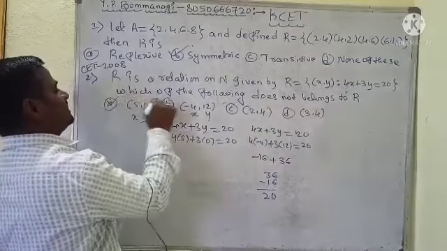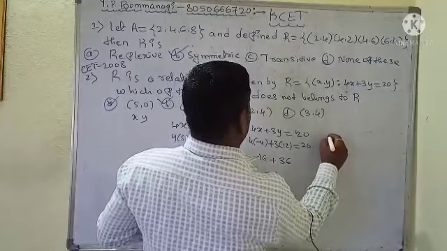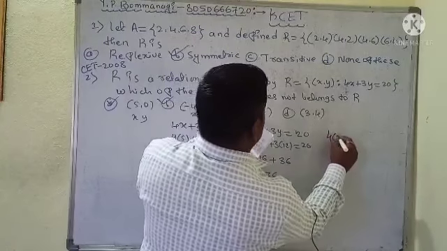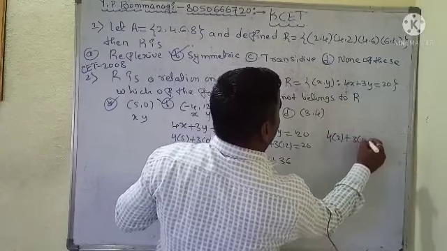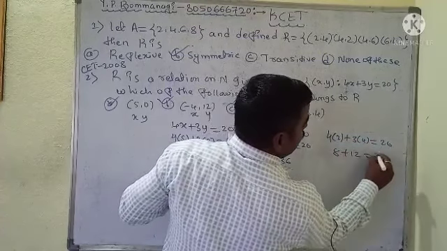This one exists. Third, (2, 4): 8 plus 12 is 20. This one also exists. Then what about D, the point (3, 4): 4 times 3 plus 3 times 4 is 12 plus 12, which is 24, not 20.